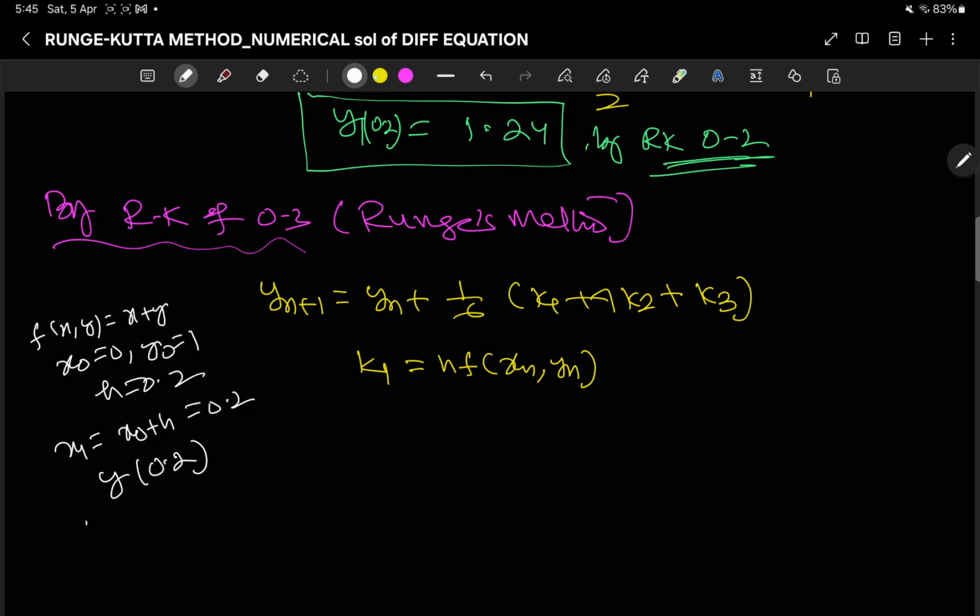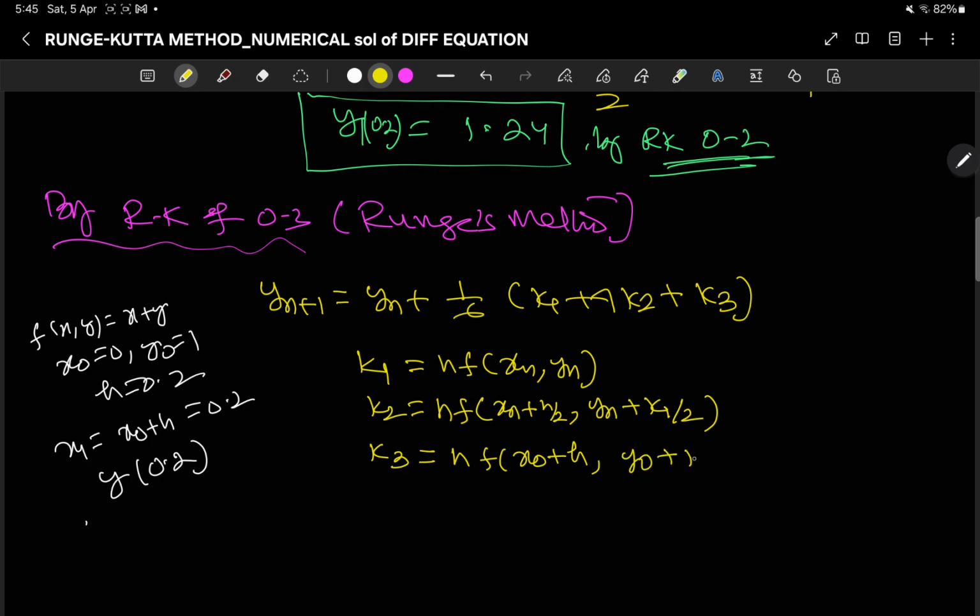Okay, k1 is this, and here k2 is h f(xn plus h by 2, yn plus k1 by 2), and here k3 is equal to h f(x0 plus h, y0 plus k dash), and this k dash is equal to h f(x0 plus h, y0 plus k1), I mean to say here xn.